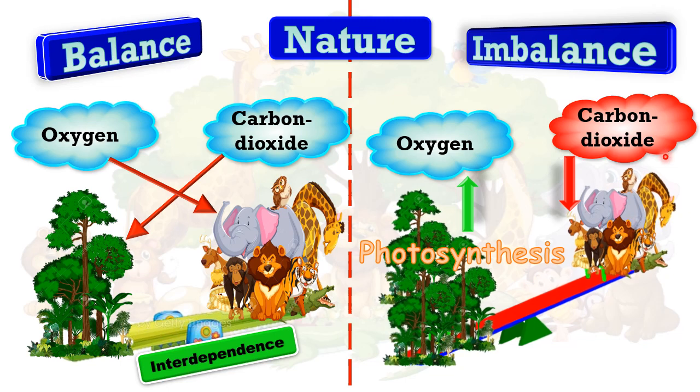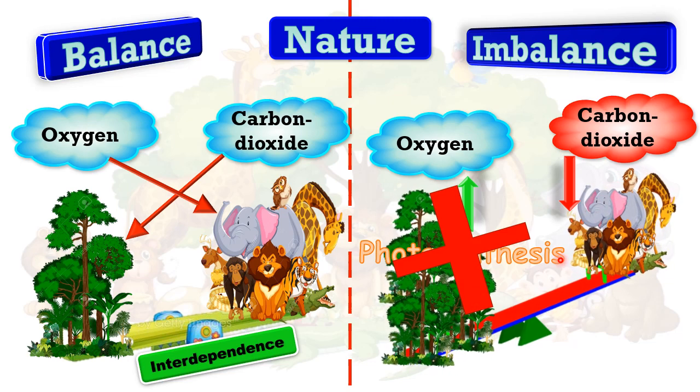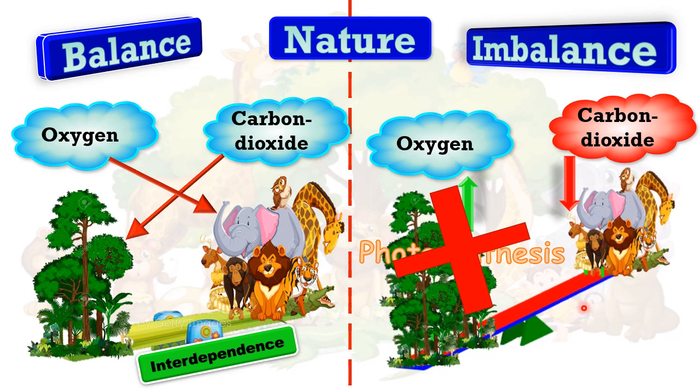But when they do not get carbon dioxide in a proper amount, they will not be able to make their food. Then the photosynthesis will not be in the right way. Is it clear, children? And when photosynthesis is not right, the animals will not get proper food. They will get oxygen because the level is high, but they will not get food, which is equally important for their survival. So, is this clear to you all, children?